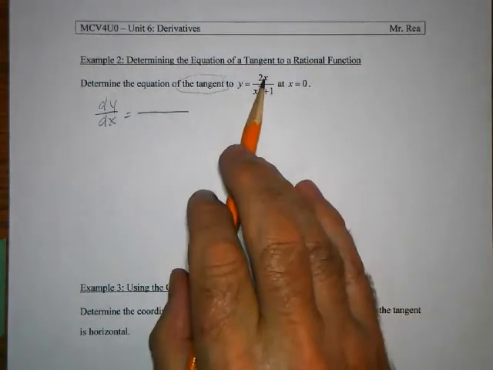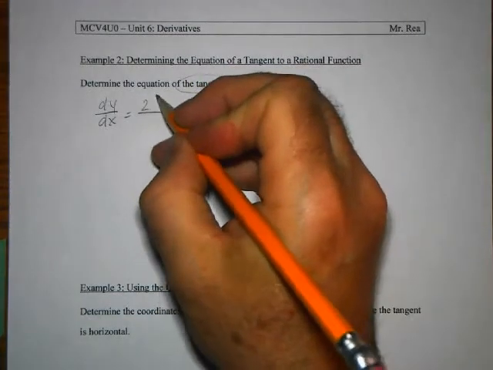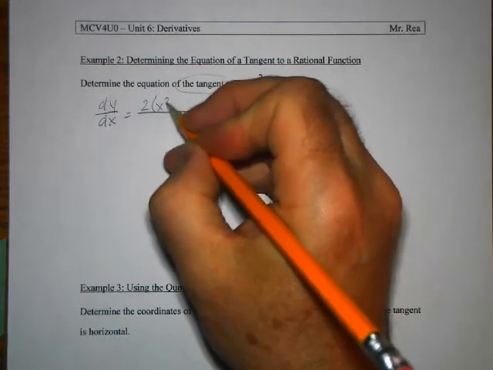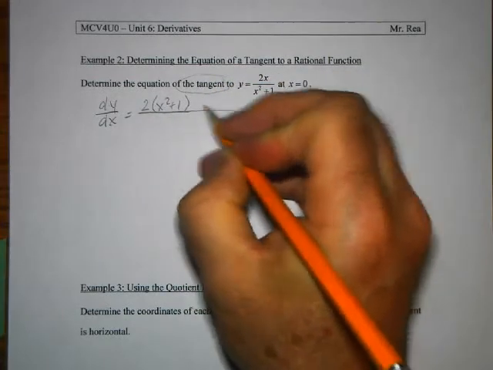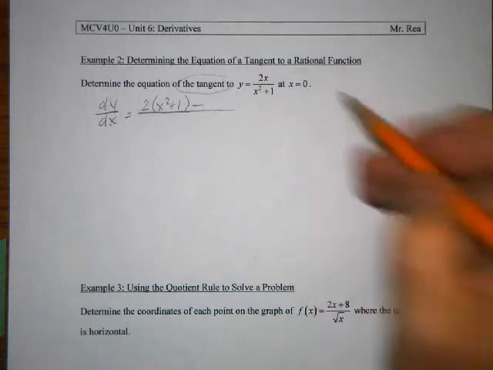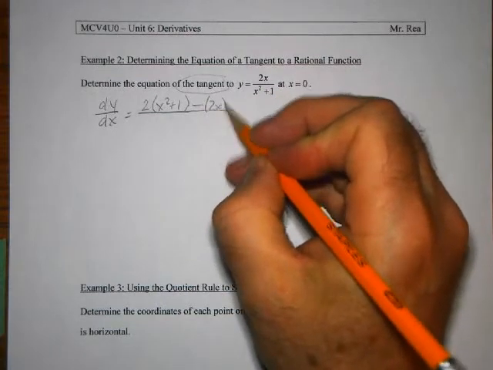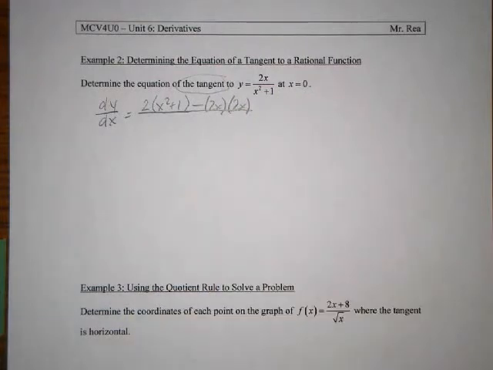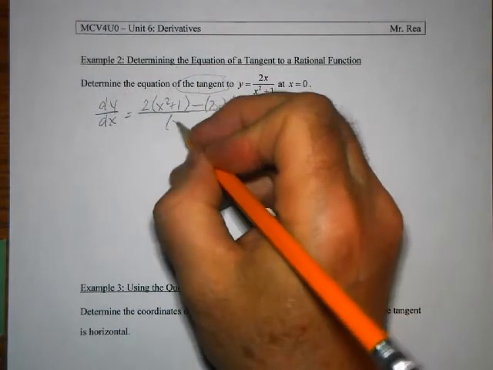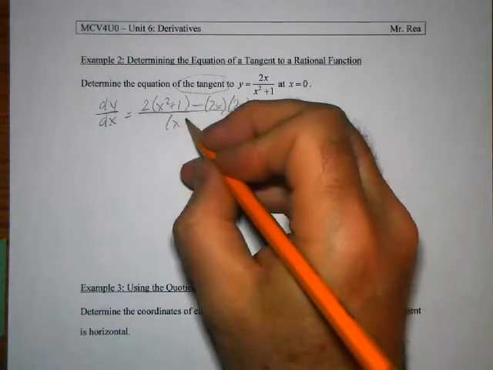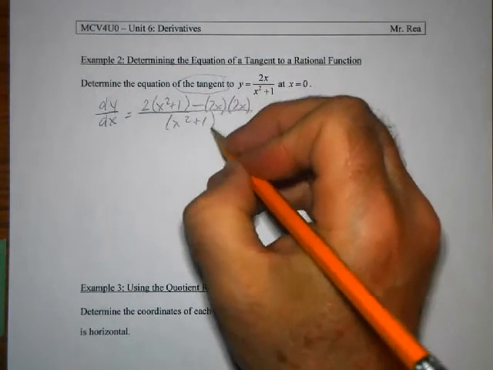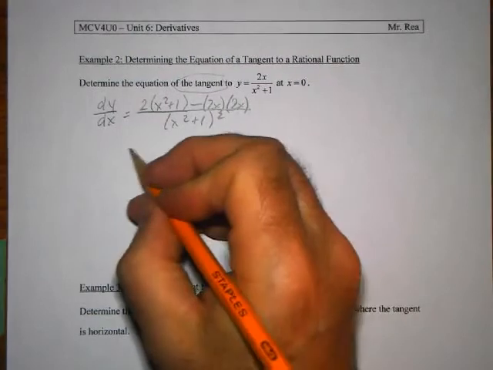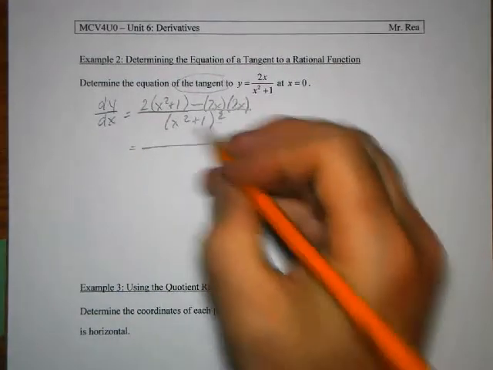We've got a derivative of the top, so it's a 2 times the bottom function, and then subtract derivative of the bottom times the top function. They both happen to be the same. And then the bottom is the bottom function squared, (x squared plus 1) all squared. Expand the top.